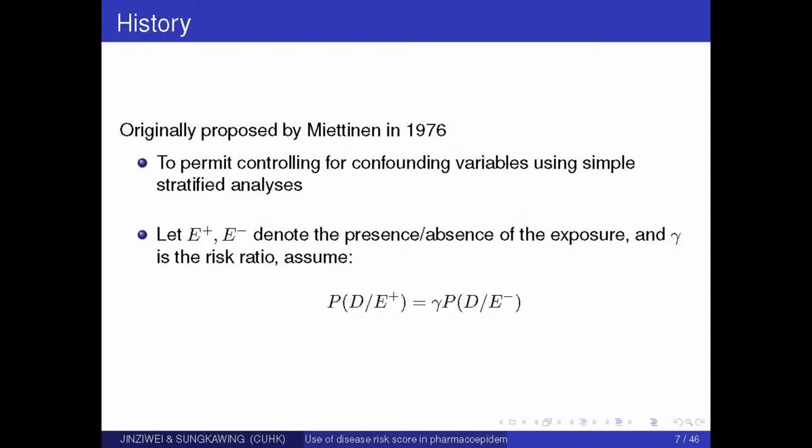The rationale for disease risk scores parallels that for propensity scores. We consider a cohort study with fixed follow-up and a binary disease outcome in which the objective is to determine the effect of an exposure on disease occurrence probability. Further assume that for the entire cohort, probability of D given E+ equals gamma multiplied by probability of D given E-, where E+, E- denote the presence and absence of the exposure and gamma is the risk ratio.